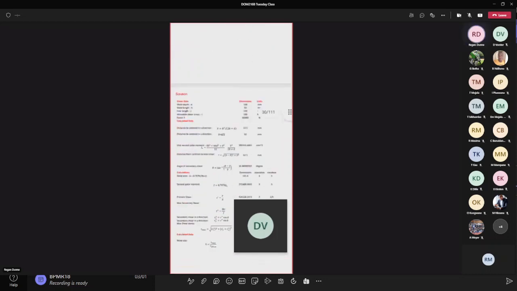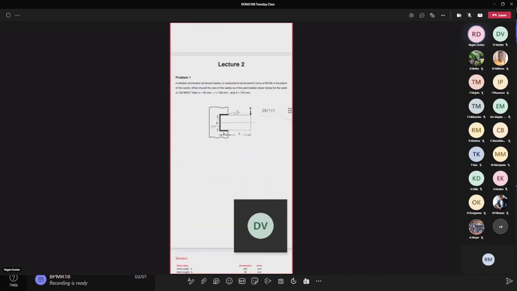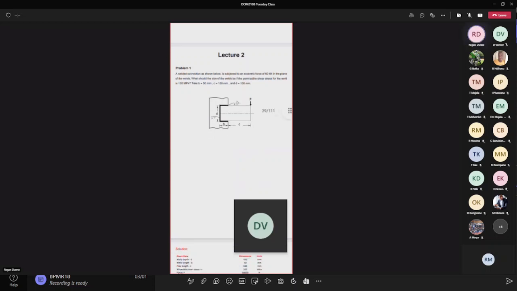All right, so firstly we calculate the centroid distance, so we can calculate x bar and y bar. Remember, we're looking at the centroid not of the flat bar, but the centroid of the weld. If we look at the shape of the weld, that's the shape we're trying to find the centroid of.